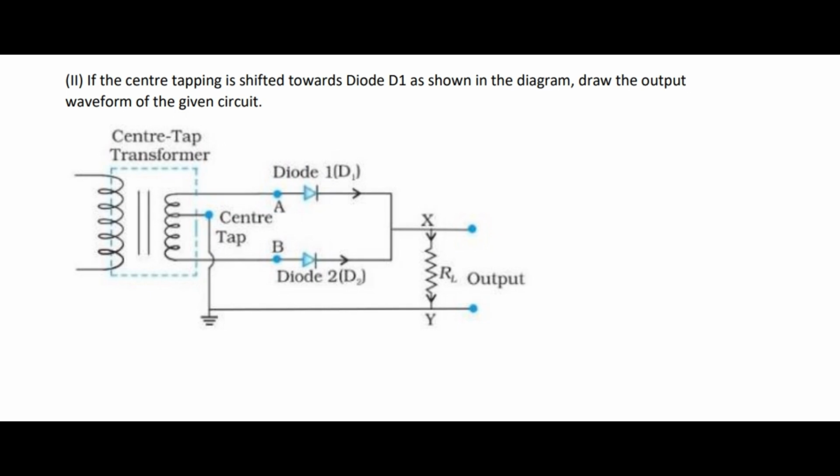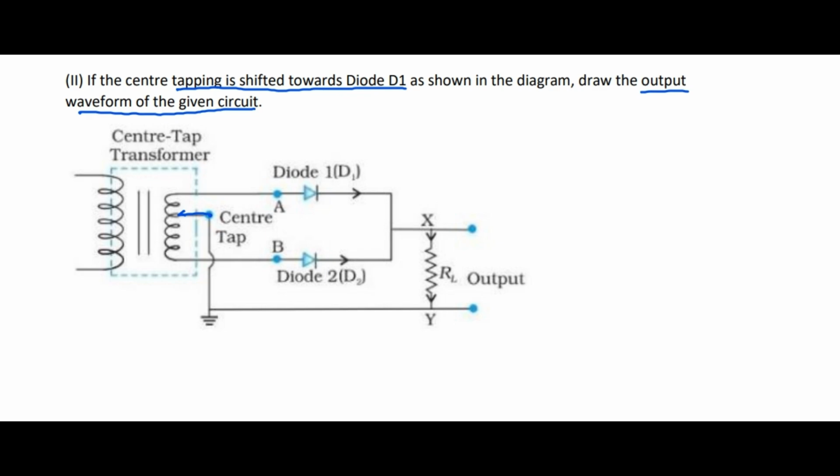If the center tapping is shifted towards diode D1 as shown in the figure, draw the output waveform of the given circuit. If you observe, this center tap is shifted towards D1.